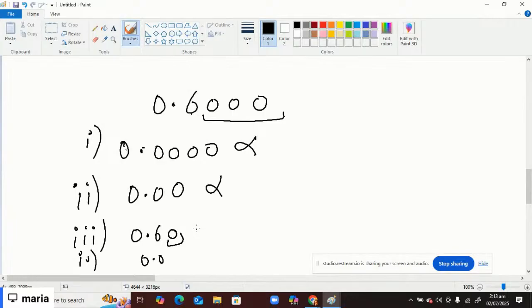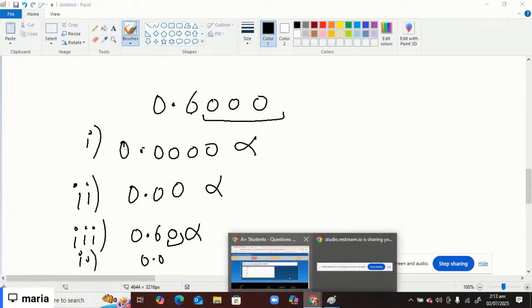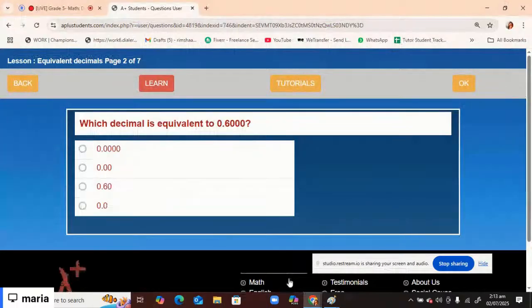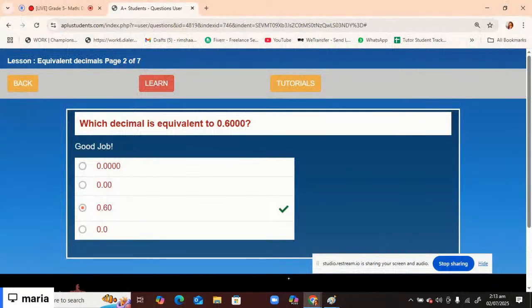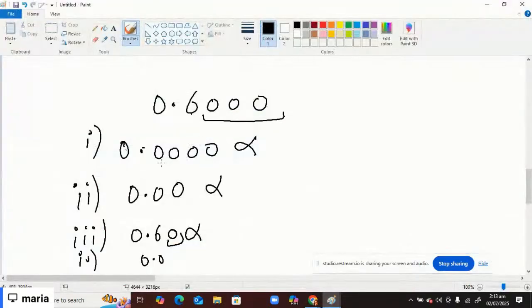So this is 0.60 here, so we go with that one, 0.60, and that is the right answer. Okay, so you understand how to do it. We just check this 6 only, not including the 0. If the 0 is in the middle, then we are going to check it.